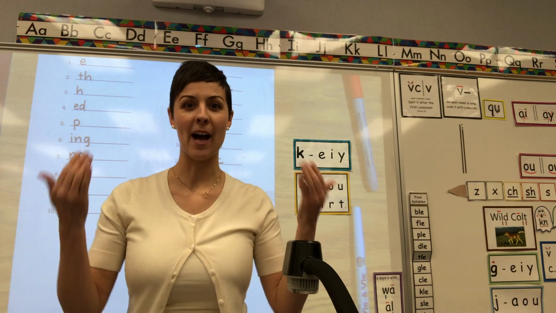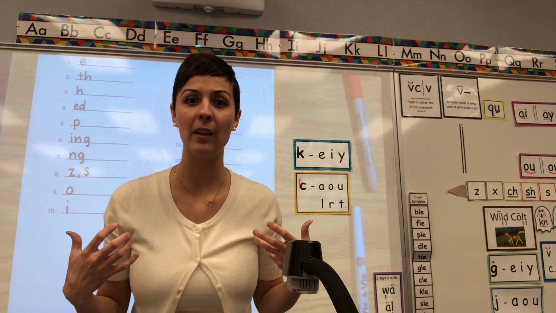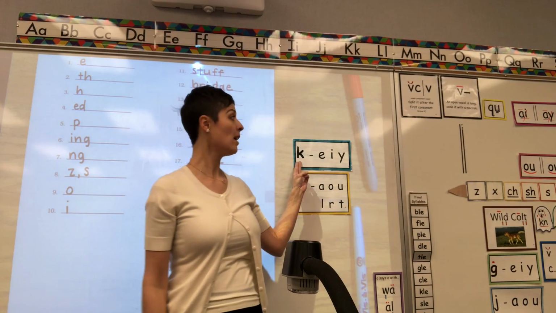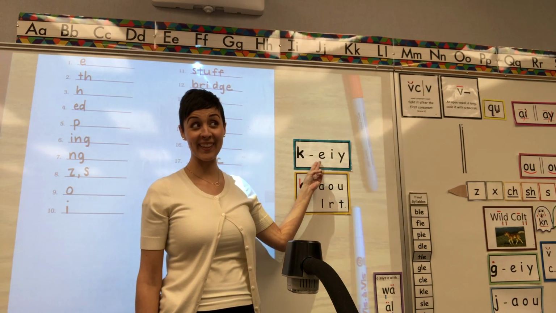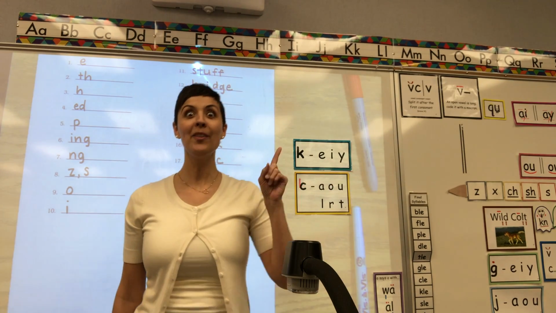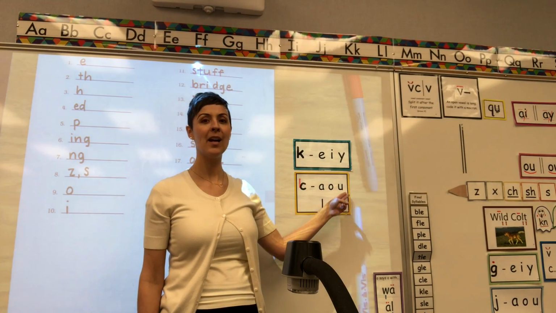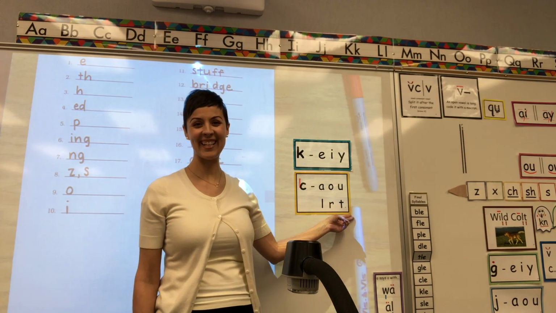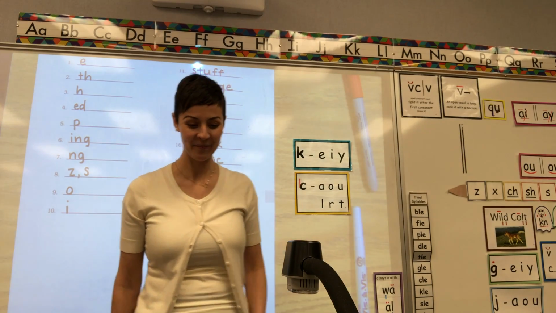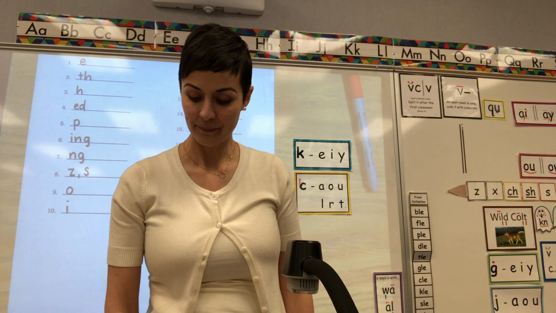Let's try it one more time. Ready? Use K with E-I-Y, K with E-I-Y. Only use the letter C with A-O-U-L-R-T. Nice job. I wonder if we have any more C or K words.